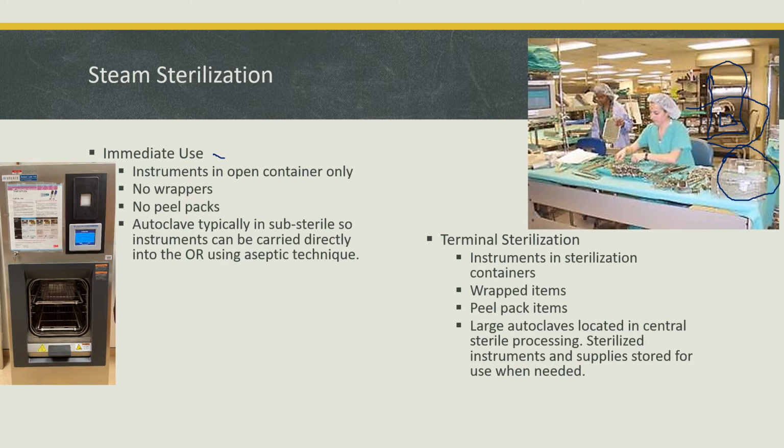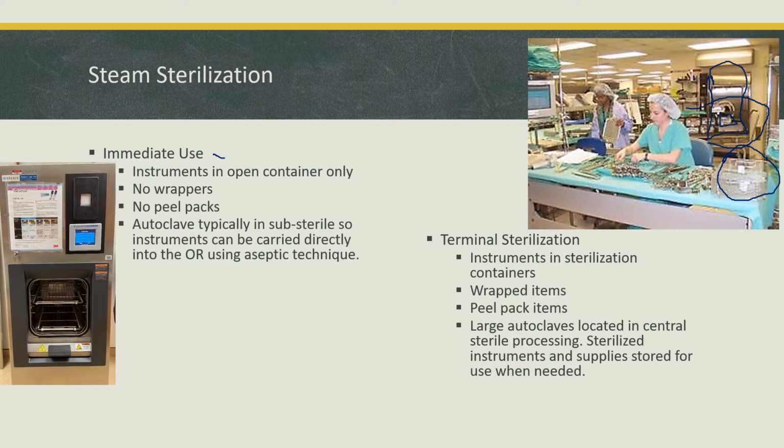And this is more for something that we drop during the case or for a set that needs to be quickly re-sterilized. And so the difference here is it's instruments only. They're in an open container, nothing in a sterilization container, nothing that is wrapped or pouch packed.